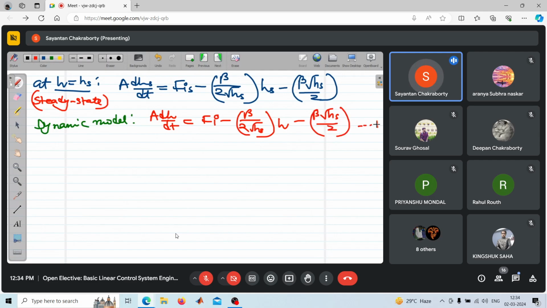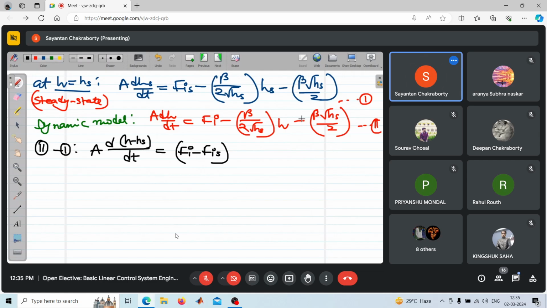Say this is equation number 2 and the steady state is equation number 1. So by 2 minus 1, what will you get? A d of h minus hs dt is equal to Fi minus Fis.